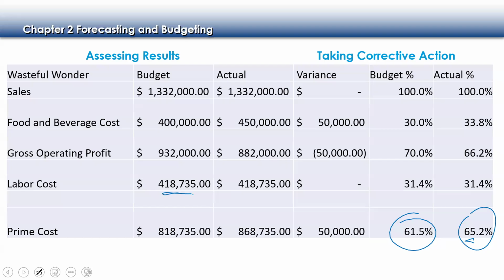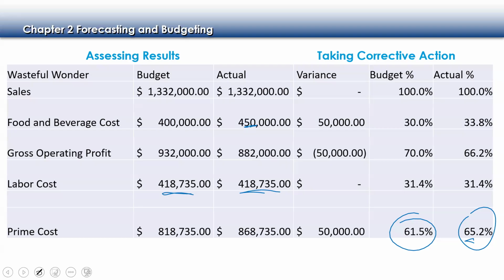Well, labor is the same. So that means we were right on target with labor. So that means our food and beverage cost, we exceeded it by $50,000.